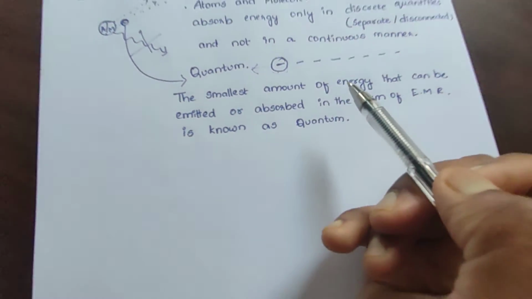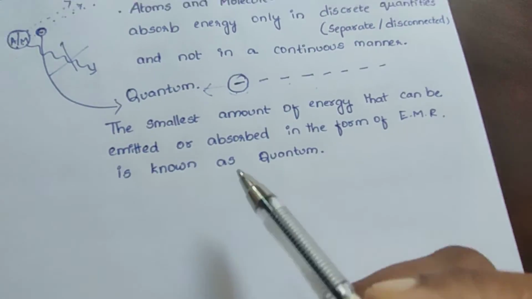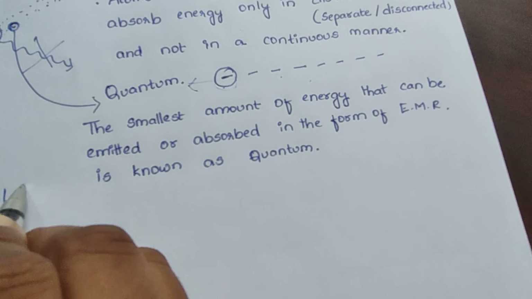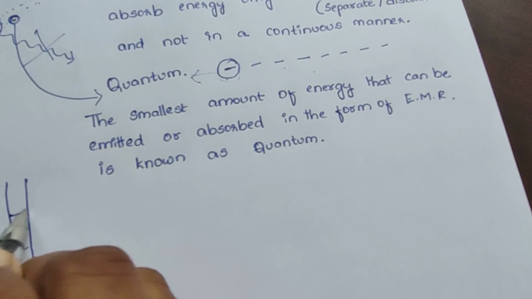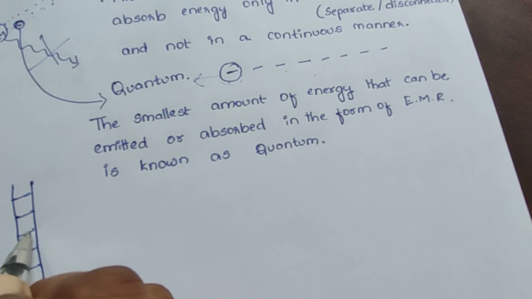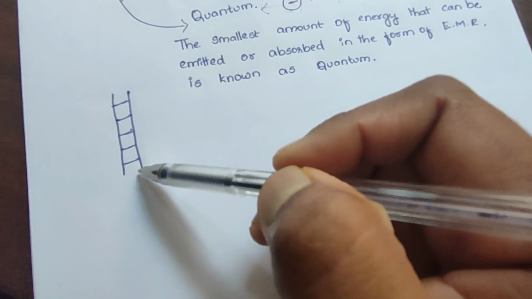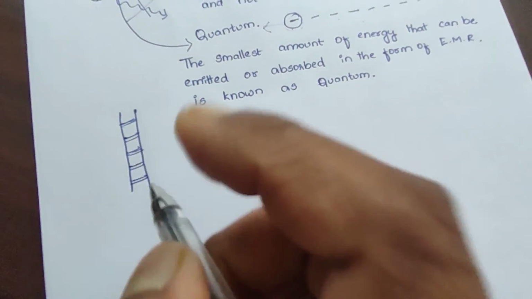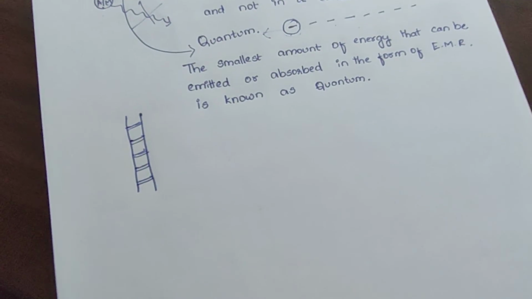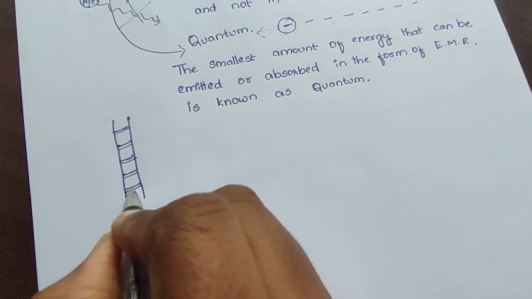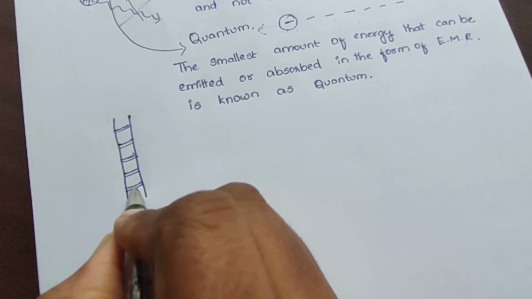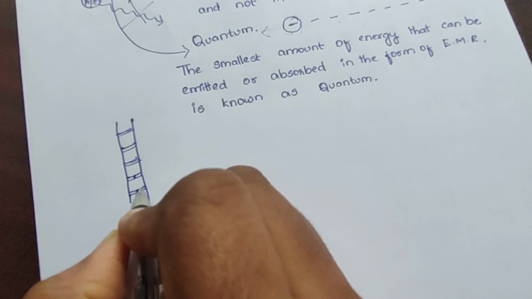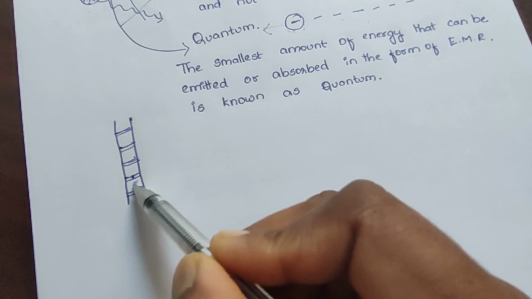This quantization can be compared with a staircase or ladder. A person can stand on a ladder either on one step or another step, but he cannot stand in between these steps, right?